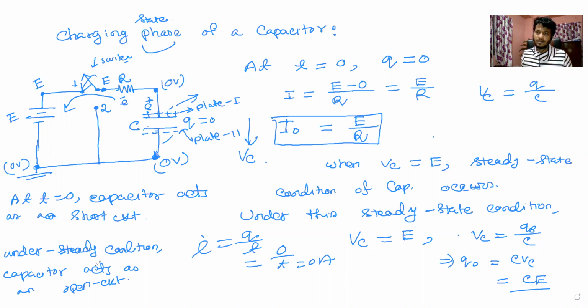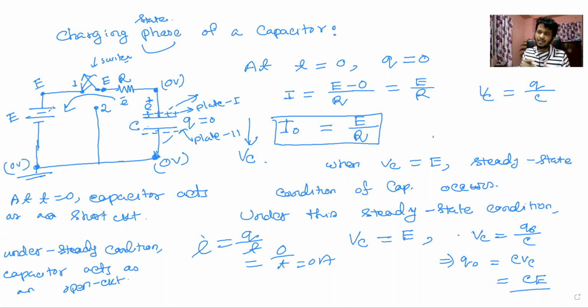After how much time will this steady state condition be achieved? Actually, we can't answer this question now. We can assume that after some amount of time, the potential across this capacitor will be equal to the potential across this voltage source, and then the steady state condition will be achieved.